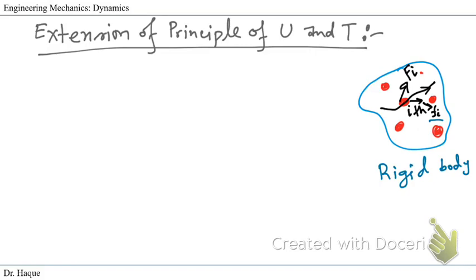So we're gonna think that the particle is in an inertial coordinate system.